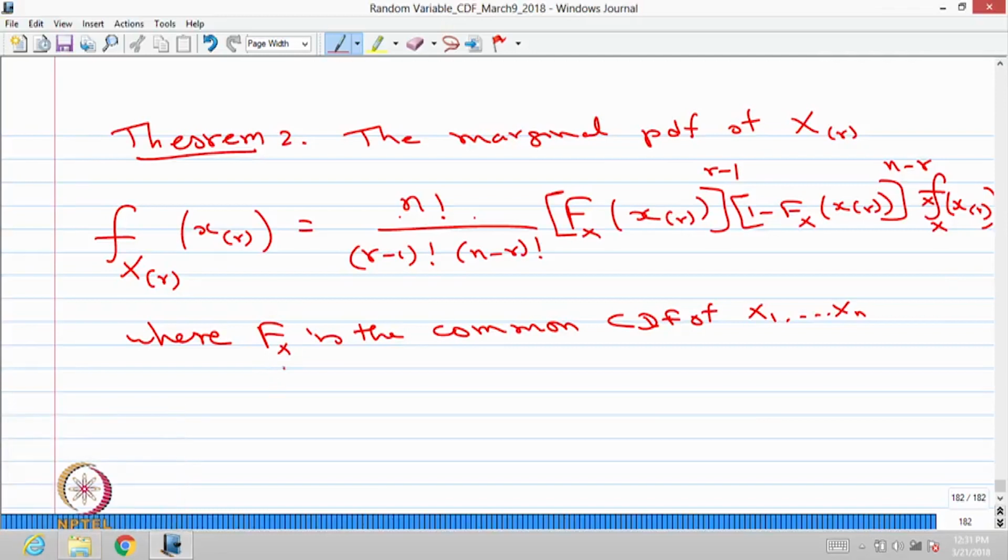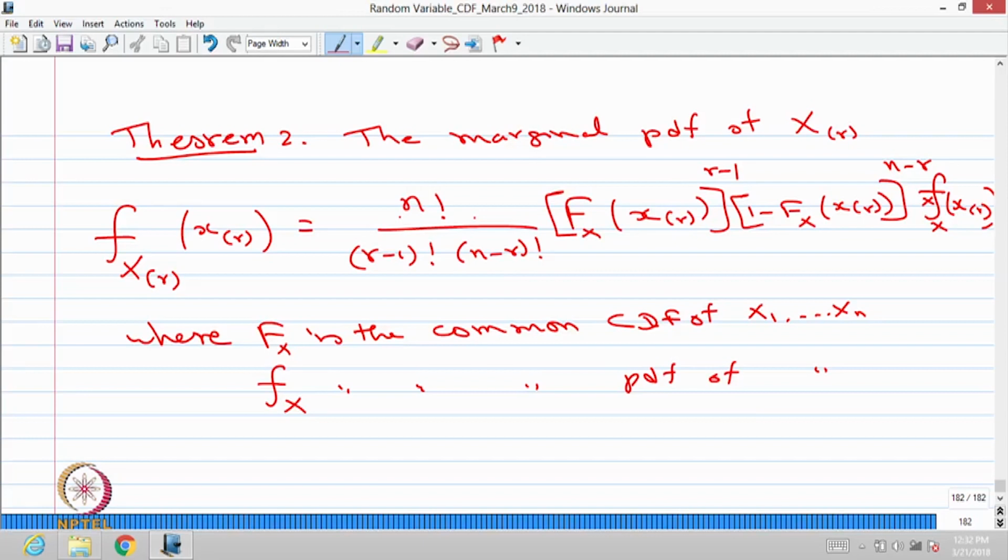Similarly, the small f of x is the common probability density function of the random variables x1, x2, xn. So, one can get the probability density function of order statistics with the help of the common CDF and common PDF of the random variables x1, x2, xn.